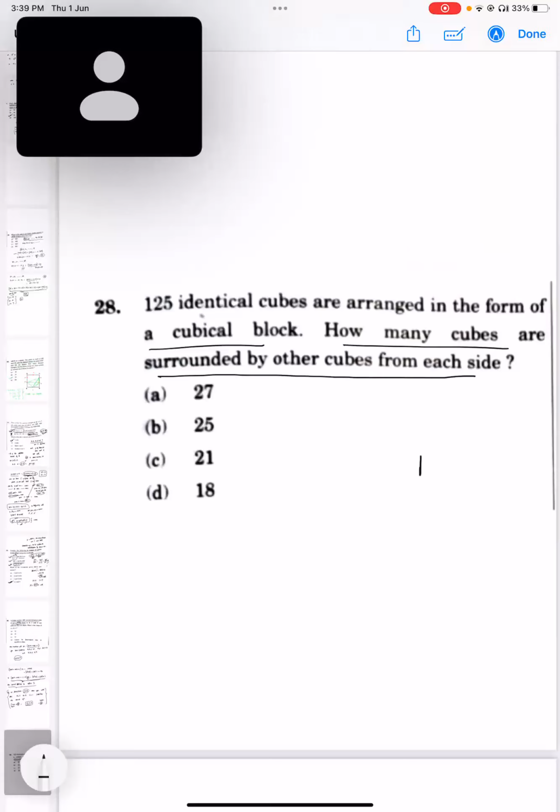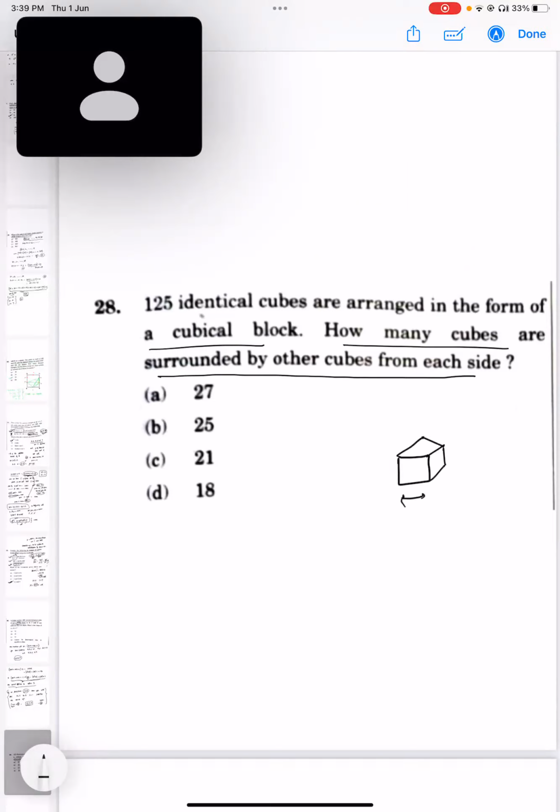So say this is one of the cubes. It is not looking like a cube, but assume that it is one of the cubes.